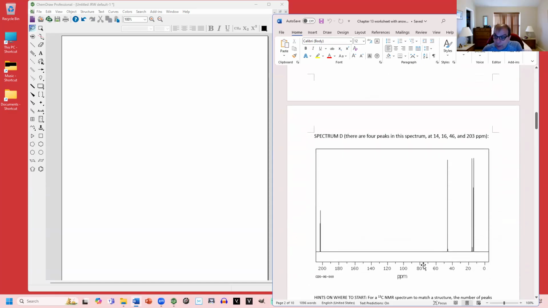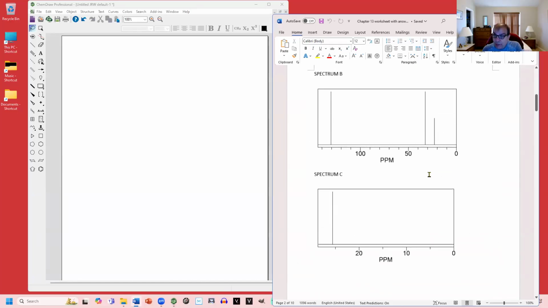And then for the last one, we have 4 peaks. It even says that explicitly, and what their chemical shifts are. We had a compound that had 4 different types of carbon other than the one we first encountered, and we said there's going to be a carbonyl, an aldehyde carbonyl. There it is at 203 parts per million.